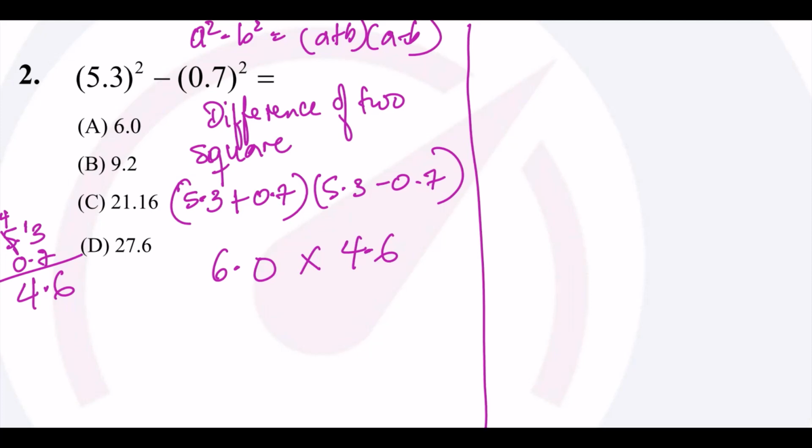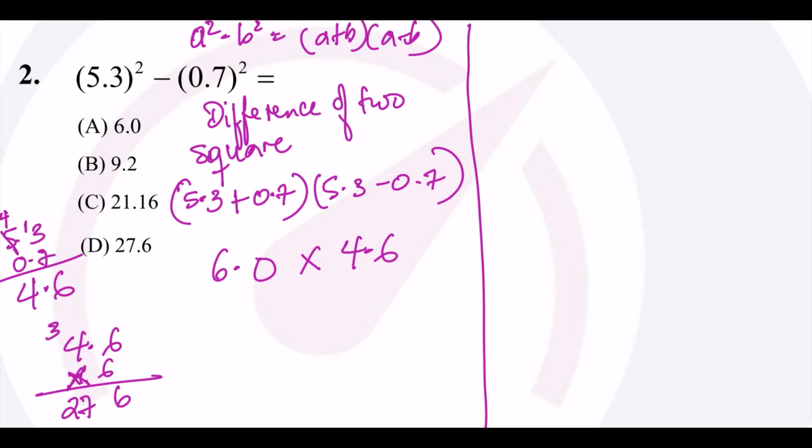So we can go one side and multiply this now. 4.6 times 6. So 6 6s, 36, and carry your 3. Then we have 6 4s, 24, and 24 plus 3 gives us 27.